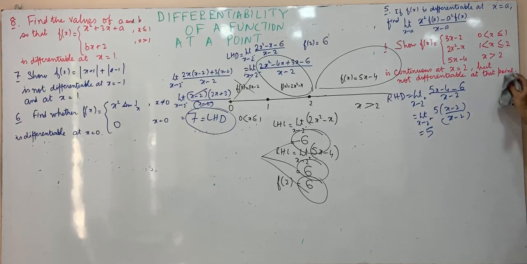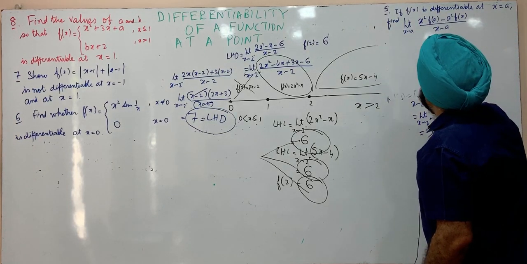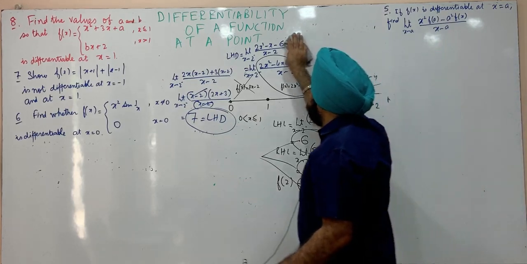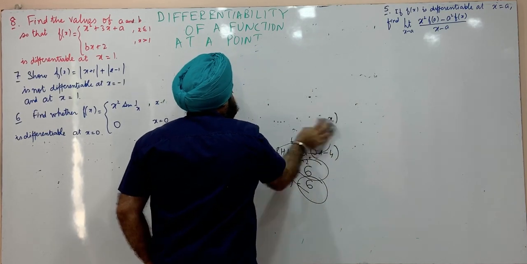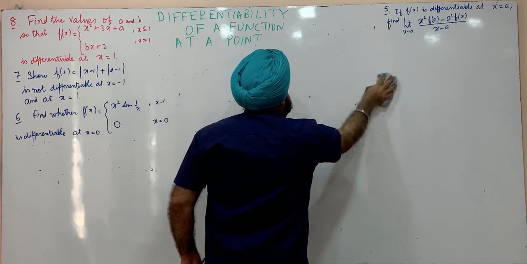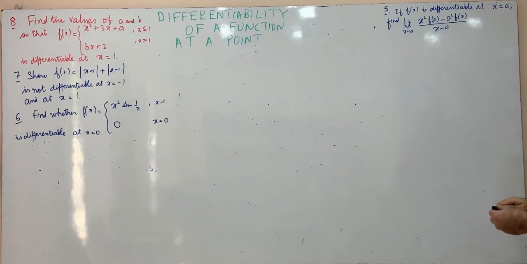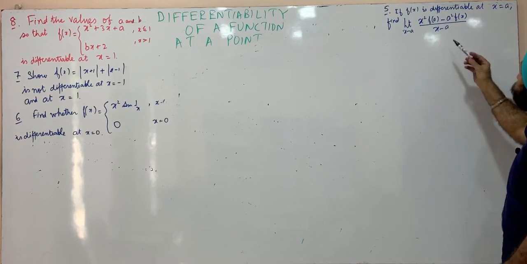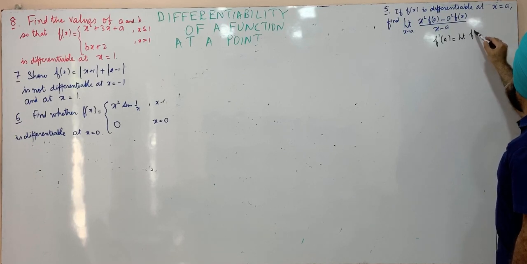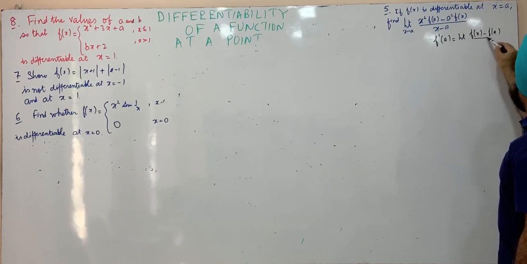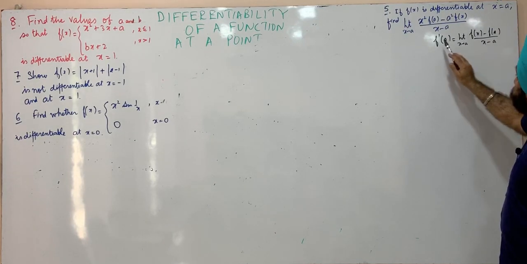The next one, we are given f of x is differentiable at x equal to a, and we have to find out that particular limit. F of x is differentiable at x equal to a means that f dash of a, which is the limit of f of x minus f of a upon x minus a as x approaches a, this exists, and this can be written as f dash of a.